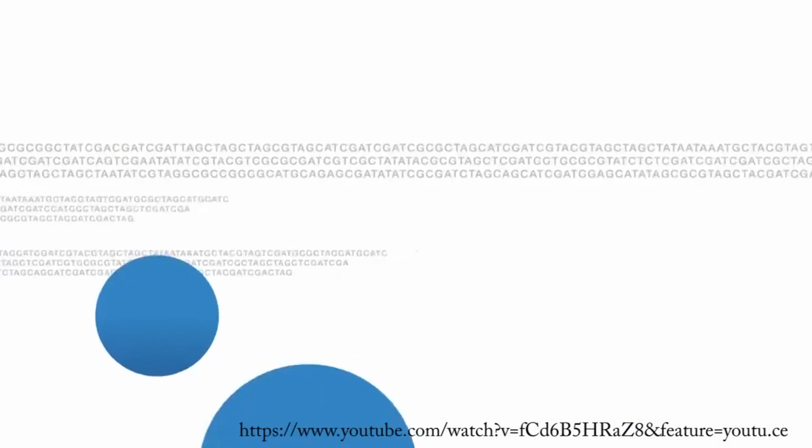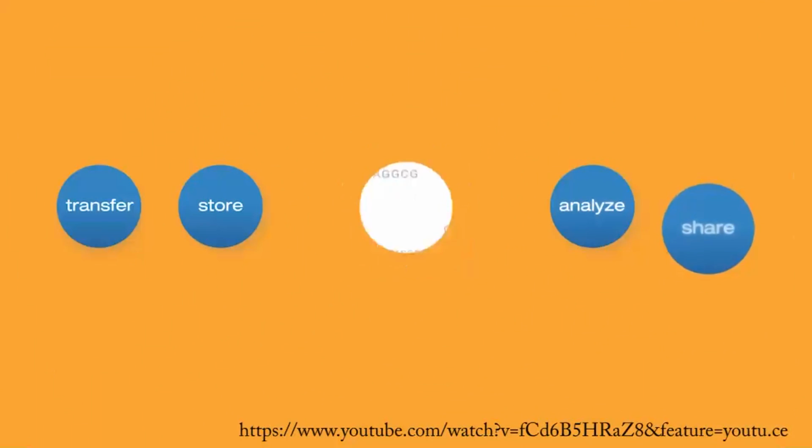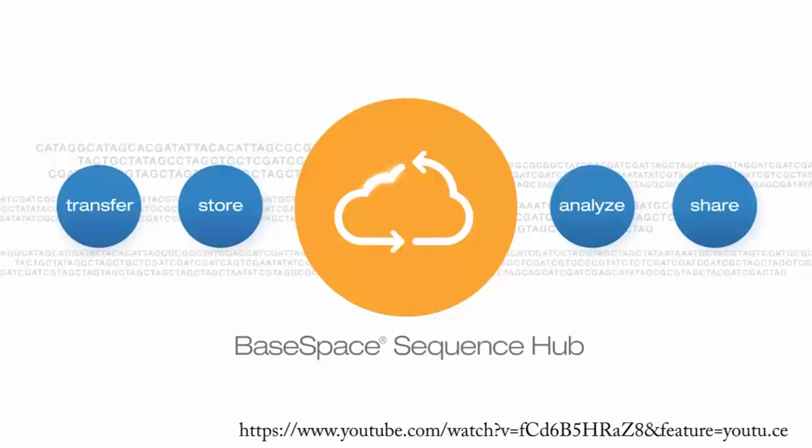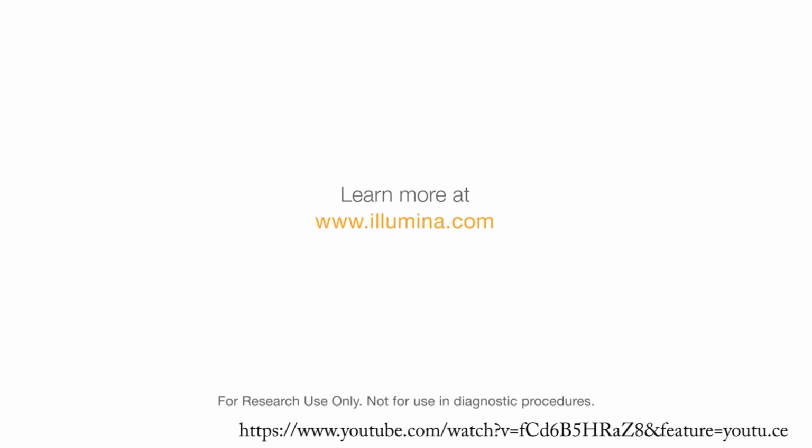These contiguous sequences are aligned back to the reference genome for variant identification. The paired end information is used to resolve ambiguous alignments. Genomic data can be securely transferred, stored, analyzed, and shared in BaseSpace Sequence Hub. Discover the possibilities of next-generation sequencing.